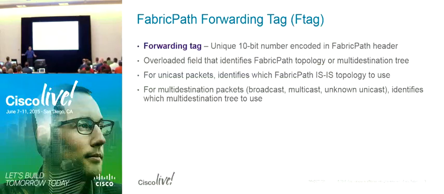And throughout the network, it will be constrained to that tree. So while you're in the FabricPath network, you cannot hop from one multi-destination tree to the other. You will be constrained to that. And that is what guarantees a loop-free topology for BUM traffic. Now, as I mentioned earlier, it's an overloaded value that identifies topologies and multi-destination trees.